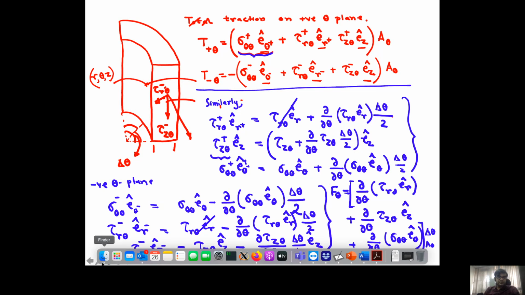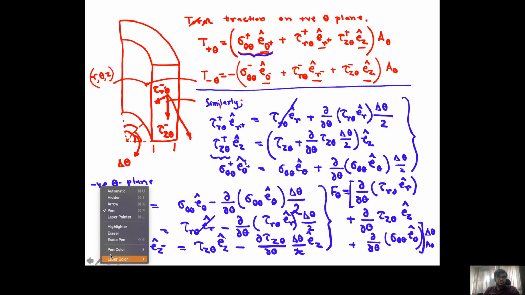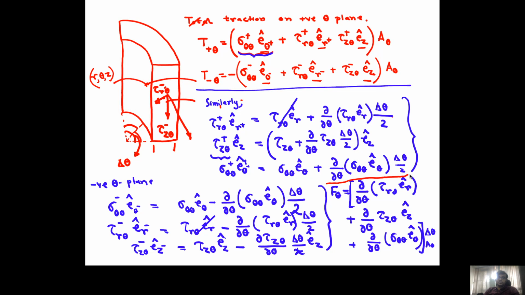So let me change the color, and then apart from this box, I'm going to delete everything else, and then we will work with only this box.